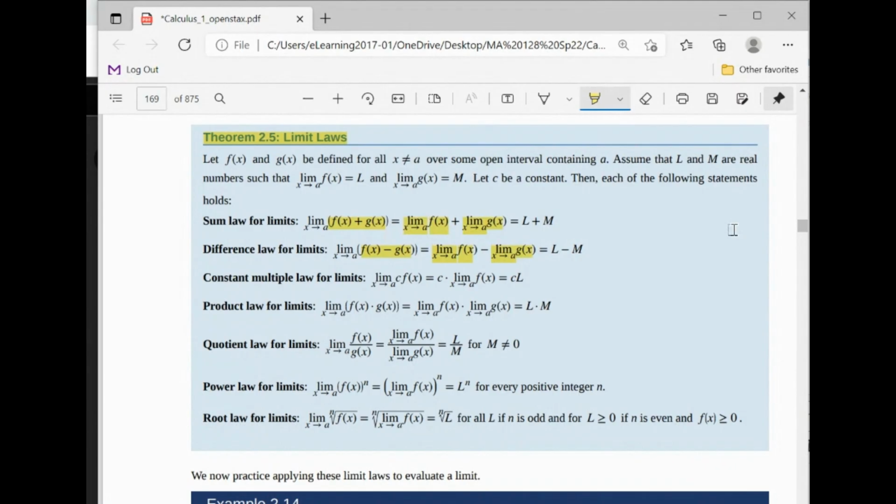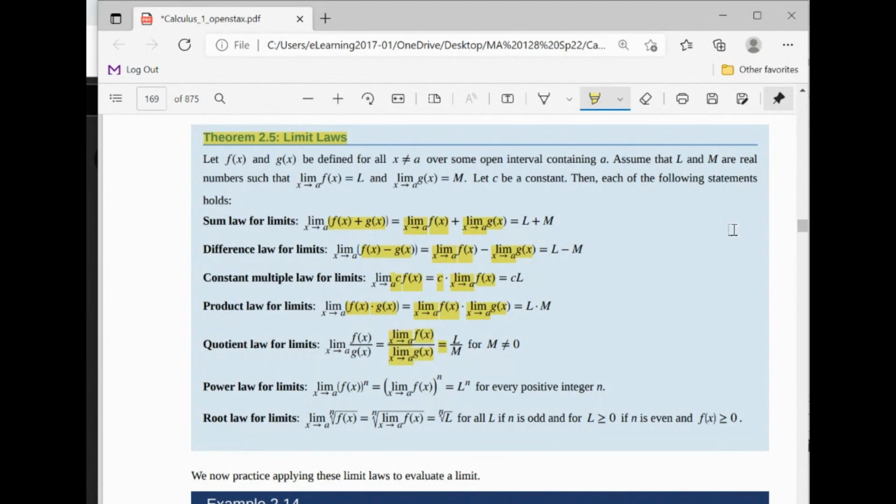And same idea, when you multiply a function with a constant value, the limit of this expression will be equal to the constant times the limit of the function. So you can just do operations with limits. And if you multiply two functions, their limit will be the product of the limits of each individual function.